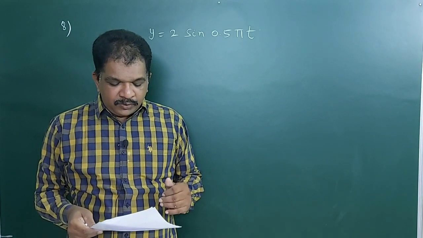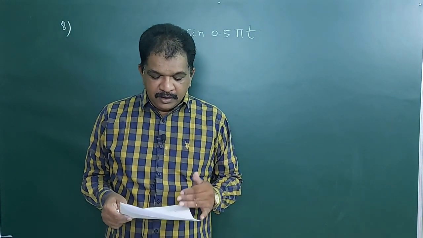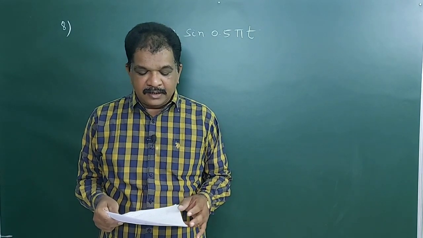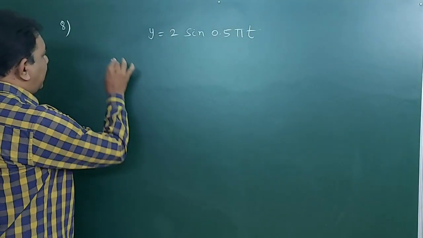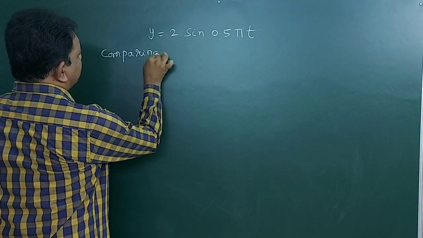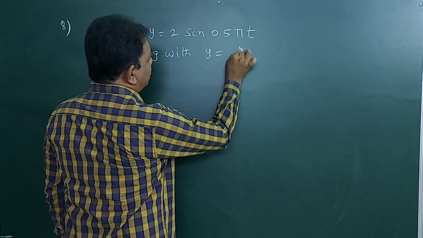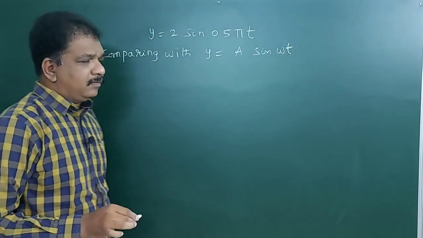Then they are asking the amplitude of oscillation, time period, maximum velocity, and maximum acceleration. Simple, comparing with y is equal to a sin omega t.